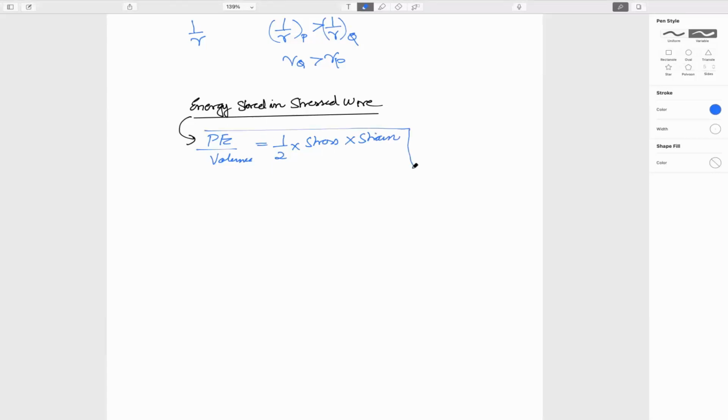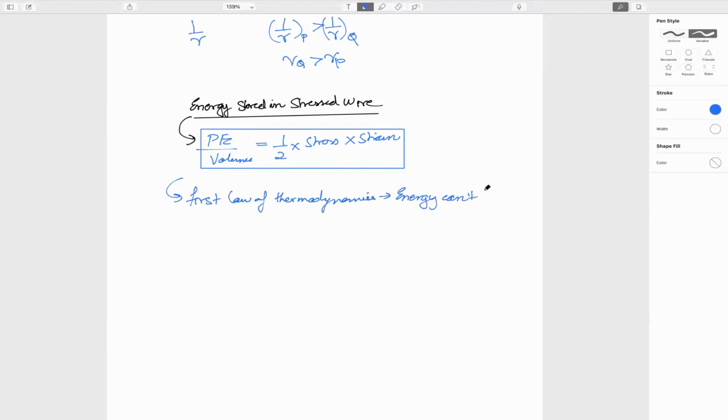That is the formula, and it comes from the first law of thermodynamics, which states that energy can neither be created nor destroyed, but only converted from one form to another.